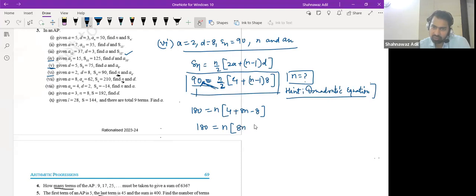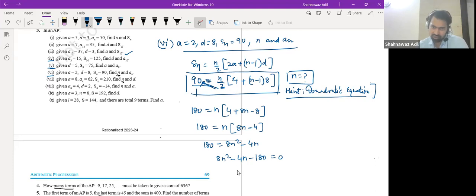And this is how much? 8n minus 4. So this is 180 equal to 8n square minus 4n. So we have to write it as a quadratic equation. And we can see that 4 can be taken common.